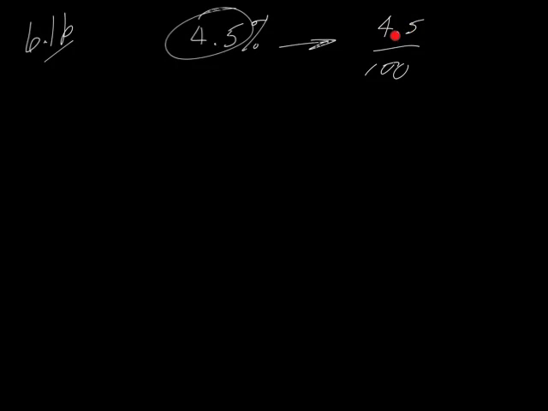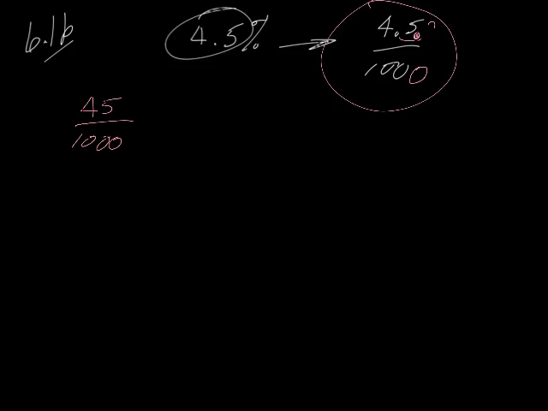And what I do then is I move the decimal over 1 and I add a 0 to the bottom. So if you move the decimal to the right, you add that many zeros to the bottom. So we're only moving it 1 point over to the right. So we put that decimal here and then I add a 0 here. So actually what I have then is 45 over 1,000.